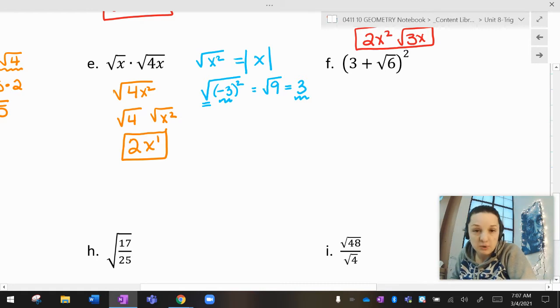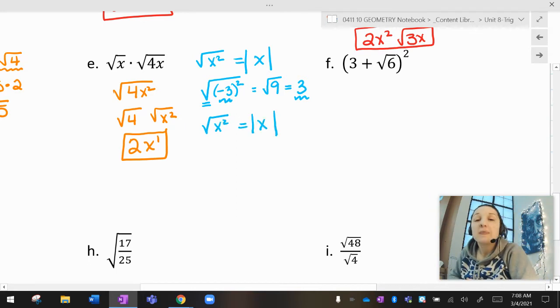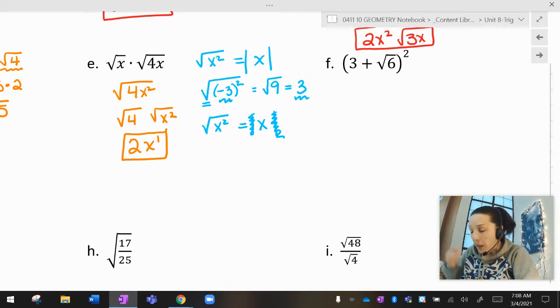The negative disappeared. So, in the wild of mathematics, the square root of x squared is technically the absolute value of x. But for this class, we are going to assume that the x or any other variable was positive from the get-go. So we've been ignoring these absolute value symbols for this class. In later classes, you'll find out that that is true. Okay, so back to our regularly scheduled program.